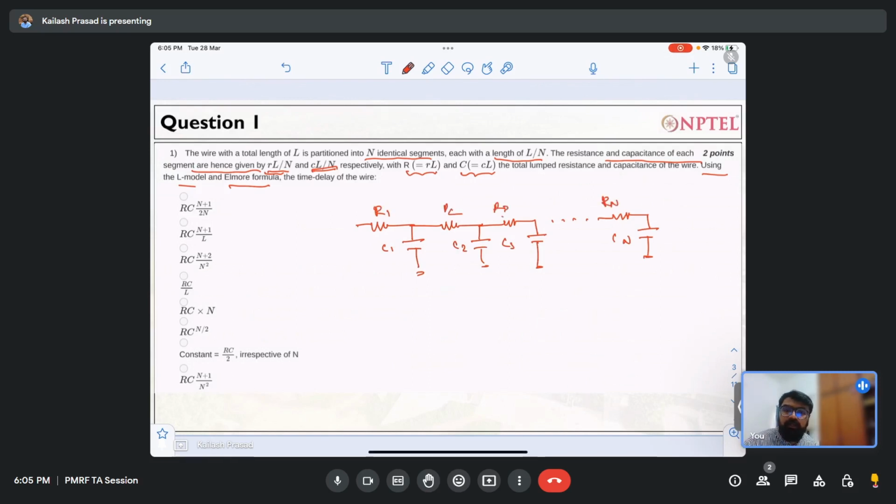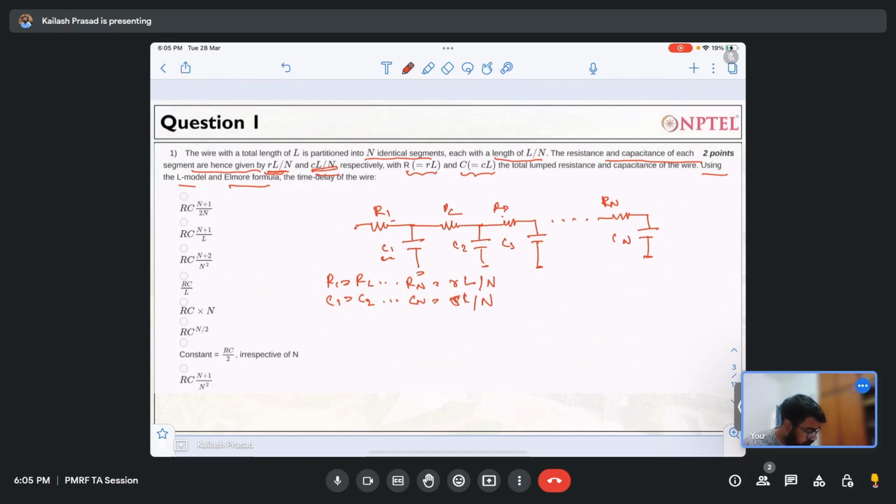In the question it has mentioned that all the individual resistances and capacitances are equal, and how much is it? RL by n and CL by n, right? So R1 is equal to R2 is equal to Rn is equal to RL by n, and then C1 is equal to C2 is equal to Cn is equal to CL by n.